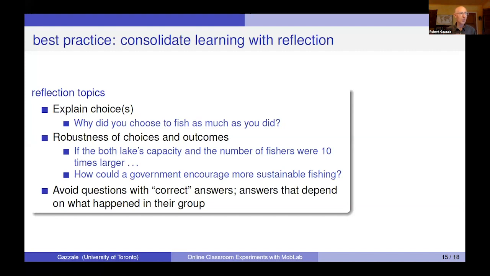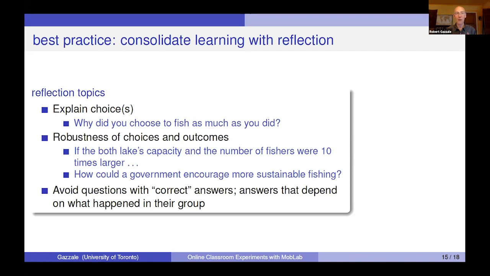I think two different ways that I've found to be successful is, first, just asking them to explain their choice. Why did you make this choice? What was going through your mind when you chose how much to fish? This forces students to think about, perhaps, history, perhaps what they anticipate others are going to do. Another topic is to think about the robustness of their choice.